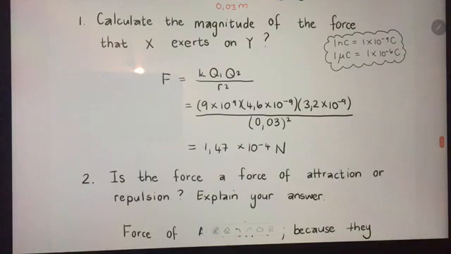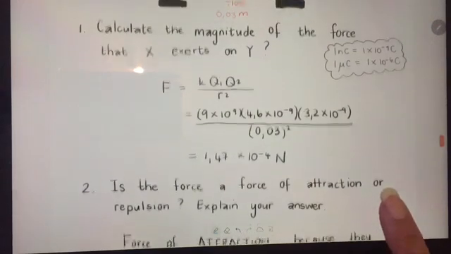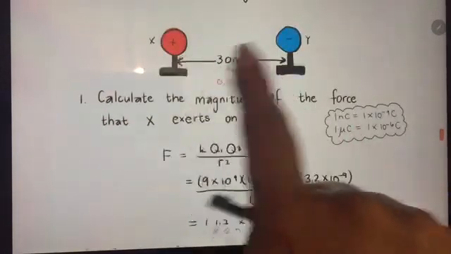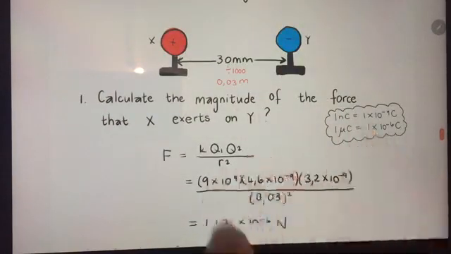Then number 2 is the force a force of attraction or repulsion, and explain your answer. And of course, it is going to be a force of attraction because they have opposite charges, the one's positive, the one's negative. If they had the same charges, then of course it would have been a repulsive force.